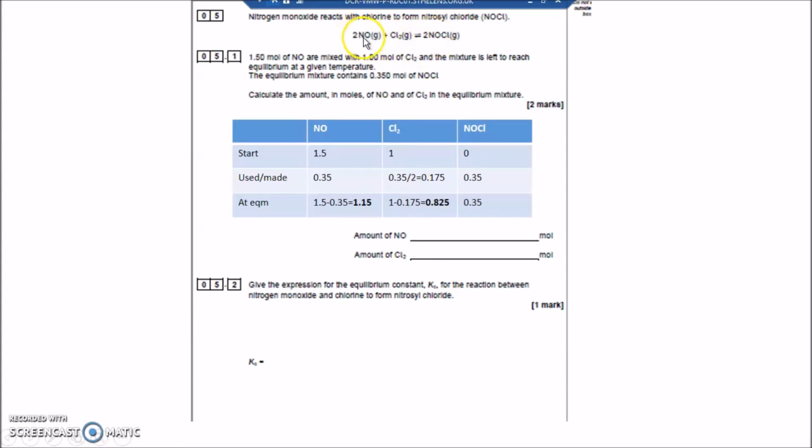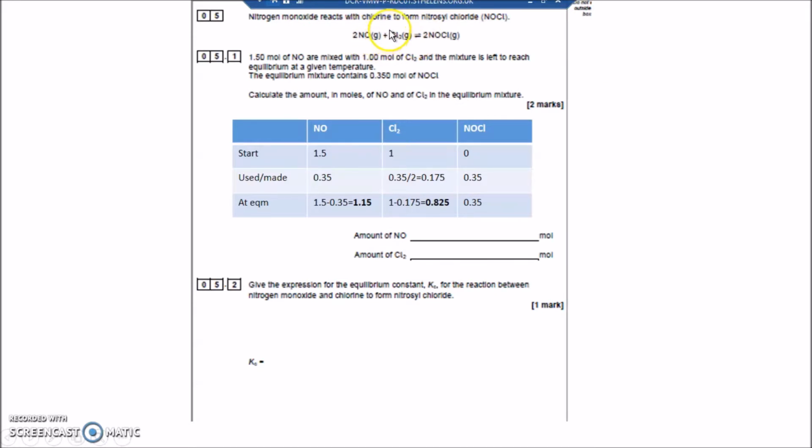So the number of moles of NO used up equals the number of moles of NOCl made. So I've used up 0.35 moles of NO to make 0.35 moles of NOCl, because there's a number 2 there and a number 2 there, equal molar ratios. The number of moles of Cl2 is only 1.